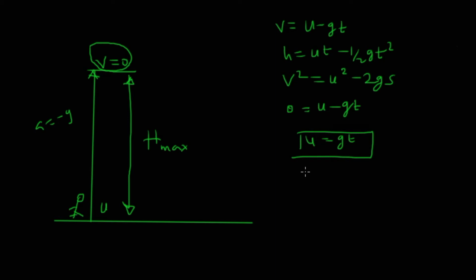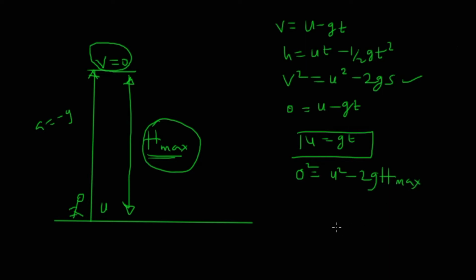Also, since v is equal to 0, we can find the distance of travel of the object, or we can find the h max. In this case our s will become the h max, because at h max the final velocity of the object is 0. So 0 squared equals u squared minus 2g times h max, because at h max v is equal to 0 and the distance traveled s is h max.